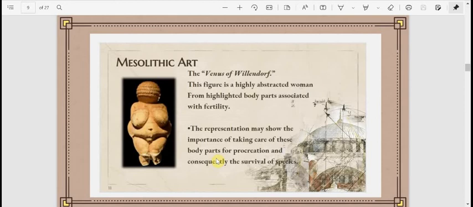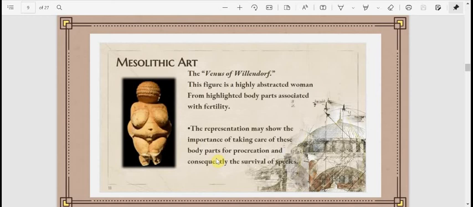In addition, some of the artworks found reflected some of the early beliefs of humans, especially with life and fertility. One of the artworks that reflected such beliefs would be a sculpture called the Venus of Willendorf. This figure is a highly abstracted woman with highlighted body parts associated with fertility.